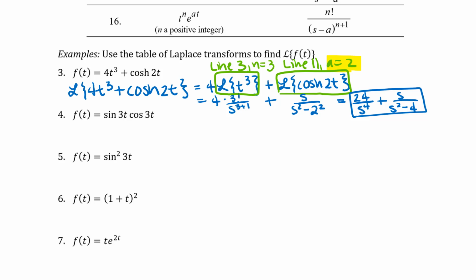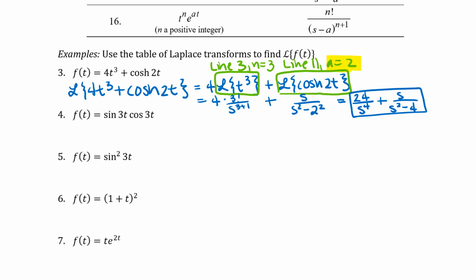So remembering that the Laplace transform is an integral should help you understand that you can't just find the Laplace transform of each part. You're going to have to do something a little bit more creative for number 4. Same thing with number 5, so I'm going to have to do something with that. Number 6, there are Laplace transforms for powers, but they're just powers of t. So I can't do it exactly as it's written.